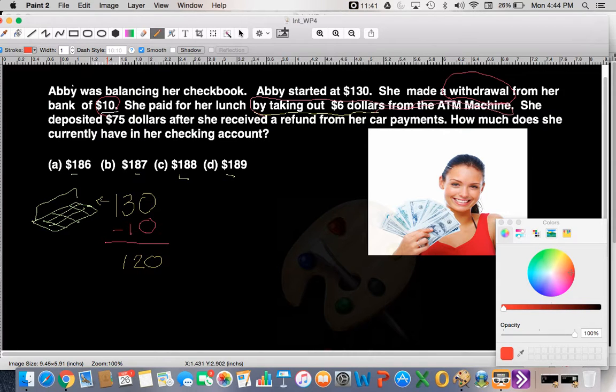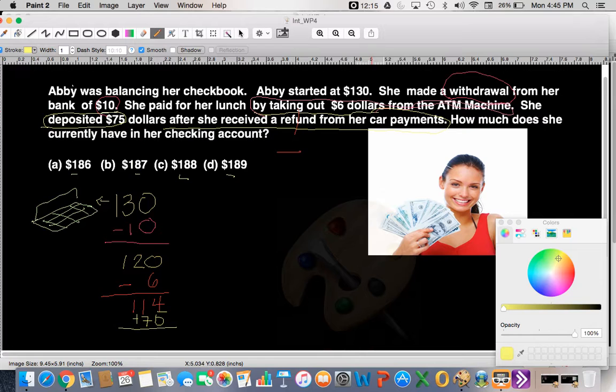So taking out is negative, right? Negative. So minus $6, the amount would be 114. Okay? She deposited $75. Deposited is positive. All right? $75, after she received a refund from her car payments.